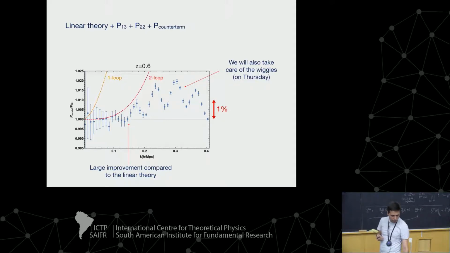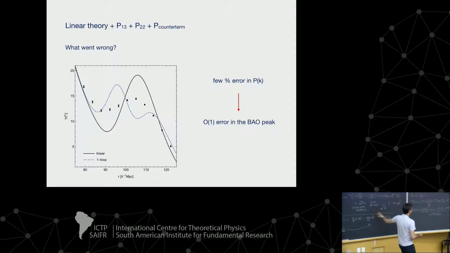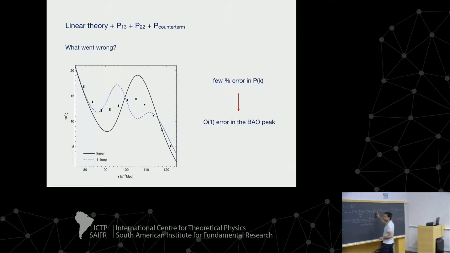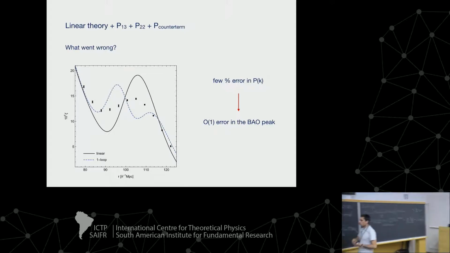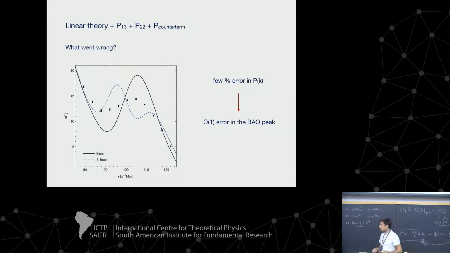So you might say this is very good. However, when you take a look at the BAO peak, it doesn't look like anything. Something which is supposed to be a broadened linear BAO peak becomes something which has all these complicated wiggles. Why? Because we were treating these displacements only perturbatively. If we were to take them into account non-perturbatively, then things should look much better. We understand this from this intuitive picture.